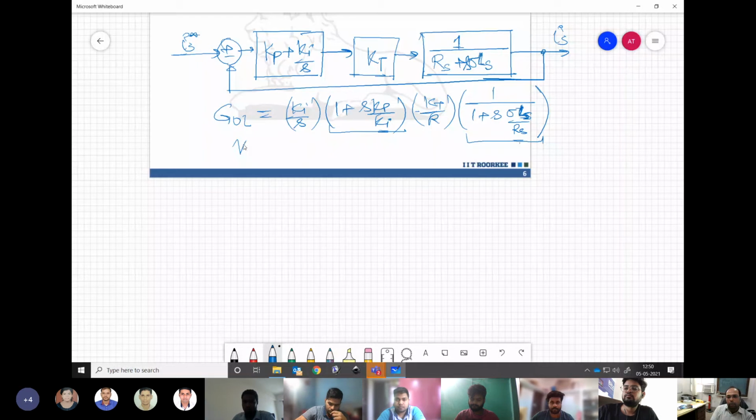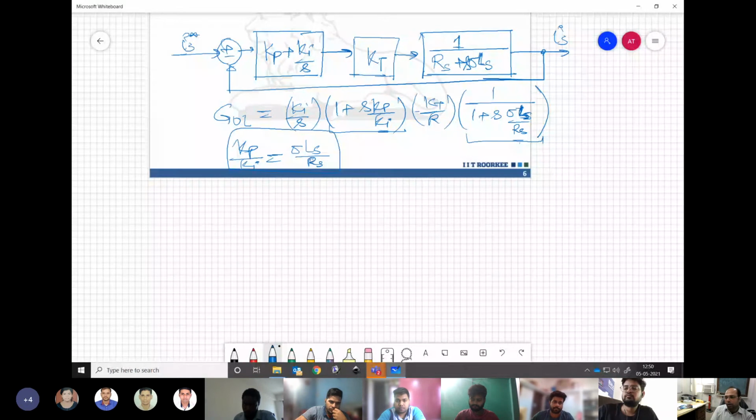I am repeating a little bit of control again because some of you actually need it. So this is what we do. And once we do, that means we have ensured that our pole and zero are lying at the same location. So the effect of the pole is cancelled by the zero. Are you clear here?